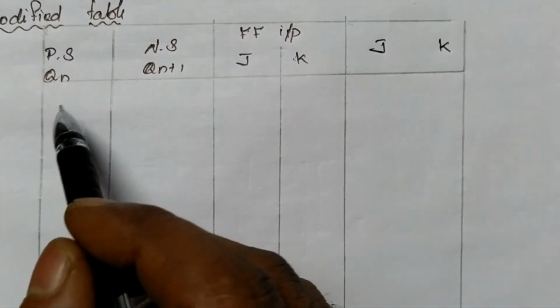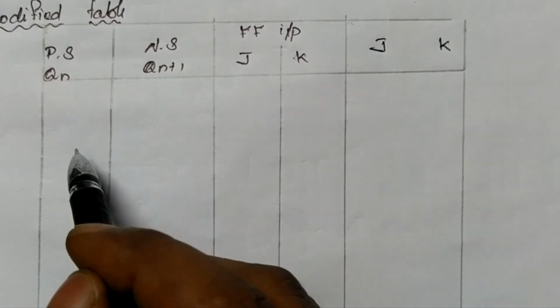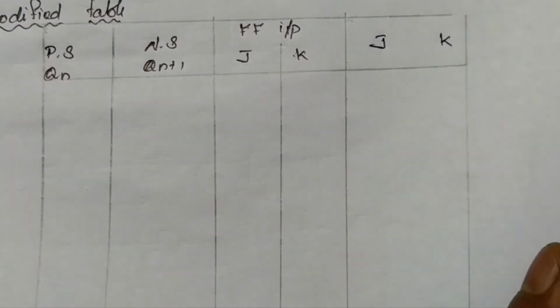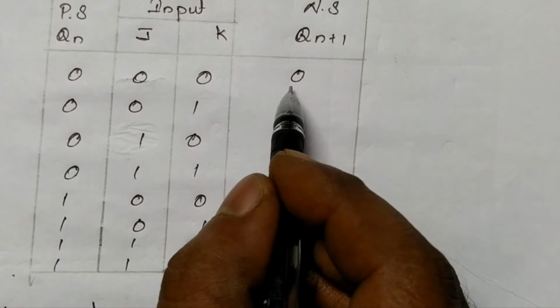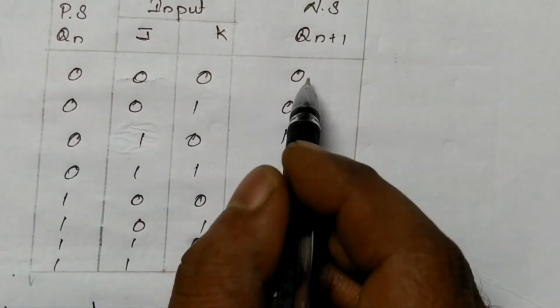So here all the possible conditions are 0 0, 0 1, 1 0 and 1 1. So from the characteristics table, here we are having present state equal to 0, next state equal to 0, which has two conditions.